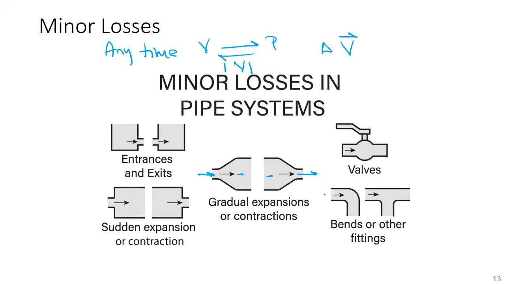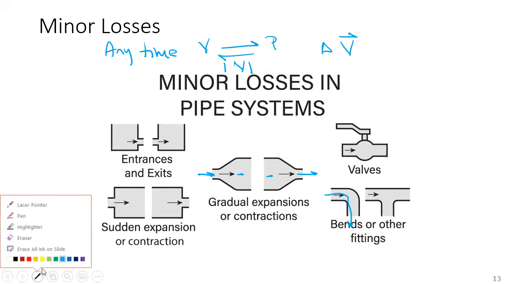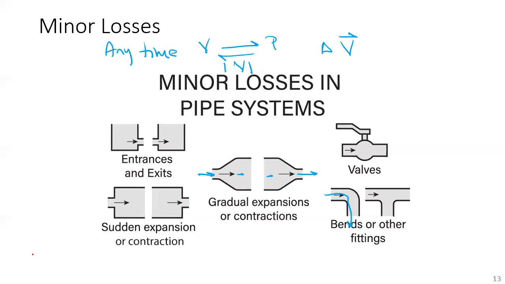But also in a bend, what you're changing is the direction of the velocity vector. And whenever you change the direction of the velocity vector, again, what you're generating is an increase in internal turbulence, which as a result generates additional energy losses over and above friction.